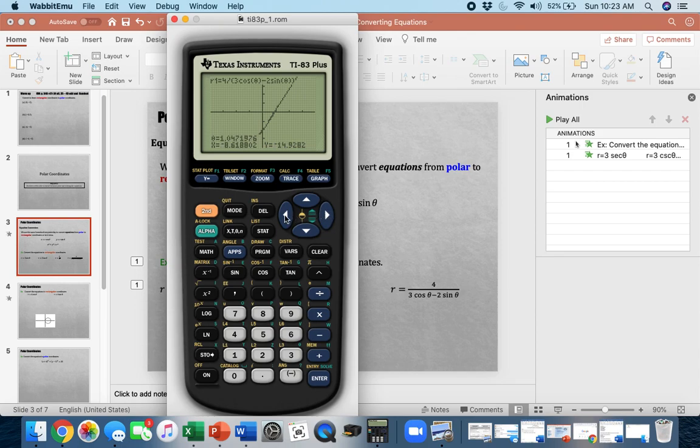But now notice it jumps, right? Where I have a positive x and a positive y, theta is 0.9. But now theta is more than 1. So notice my x and y are negative.